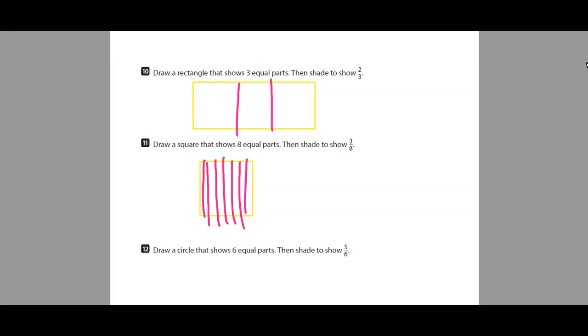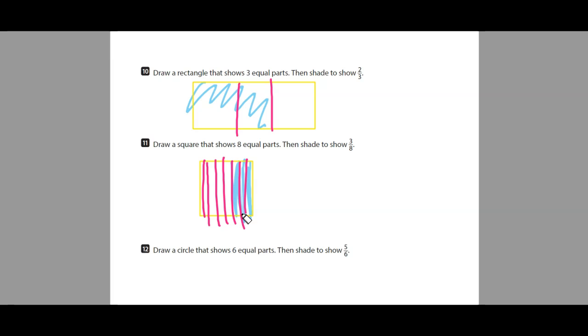It says 2/3. That would be this. 3/3. That would be 1 right here. As long as we can tell that you shaded in 3/8. Now, if you shaded 3, but we actually count 9, that's wrong.